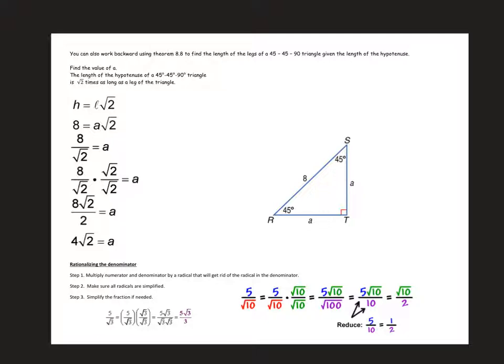So we know by the formula that the length of the hypotenuse of a 45, 45, 90 triangle is the square root of 2 times as long as a leg of the triangle. So the hypotenuse is L times the square root of 2. And that is the formula, the 45, 45, 90 triangle theorem.